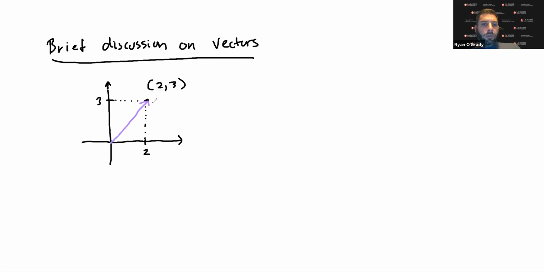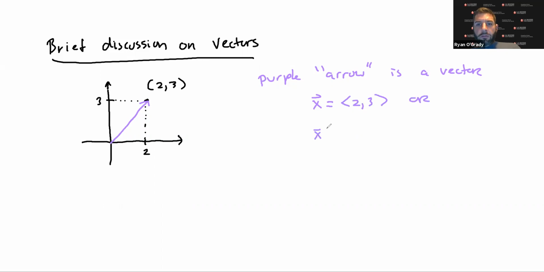Some of you would say that the purple arrow is a vector. Maybe you would write it as x with a little arrow on it, or you might write it as <2, 3> like this, or maybe you write them like this.